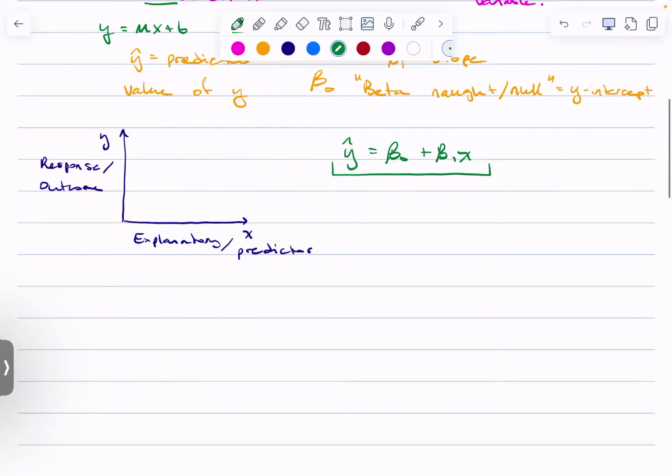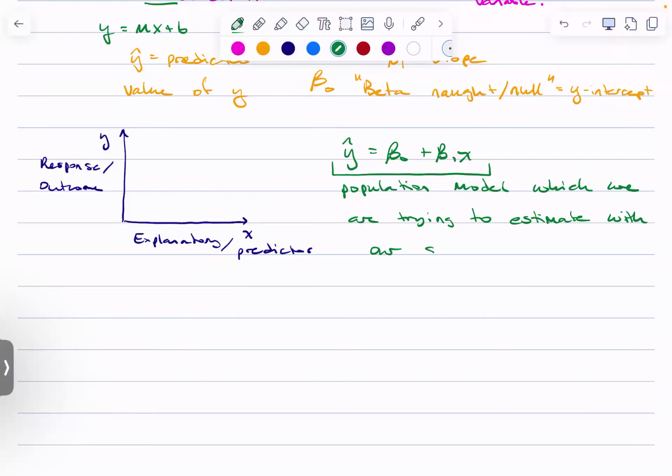This is the population model, which we are trying to estimate with our sample.